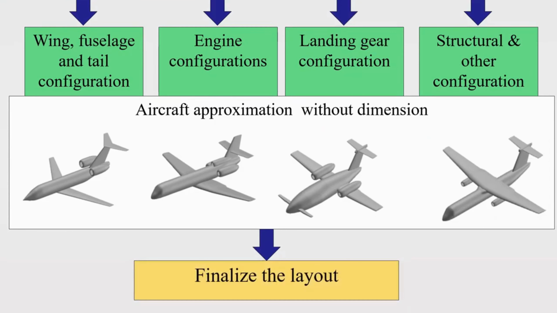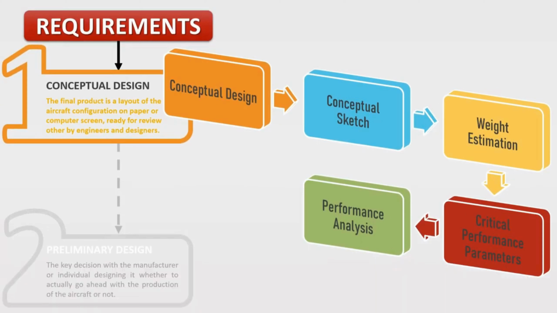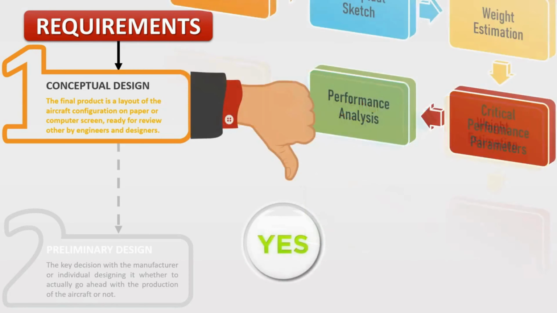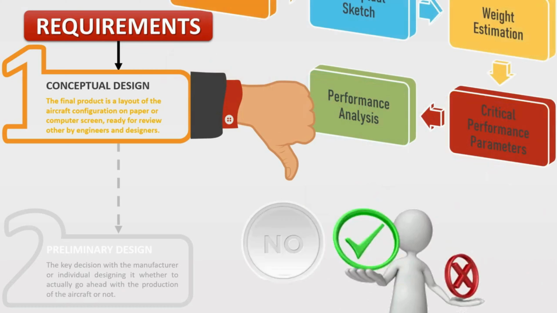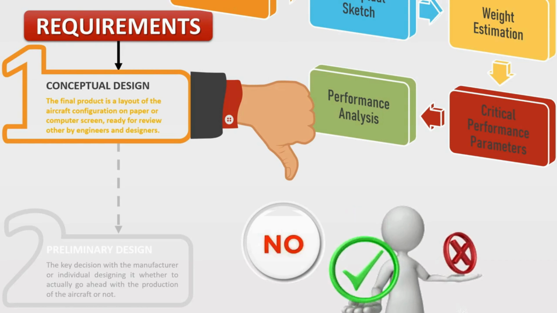Based on this configuration layout, estimation of aircraft weight is done. Now, aircraft is a combination of wing, engine, fuselage, tailplane, payload, and fuel weight. So, find out the critical performance parameters of the aircraft, that is aerodynamic efficiency, wing loading, thrust loading. Now, check the performance analysis: does the design meet or exceed the requirement?